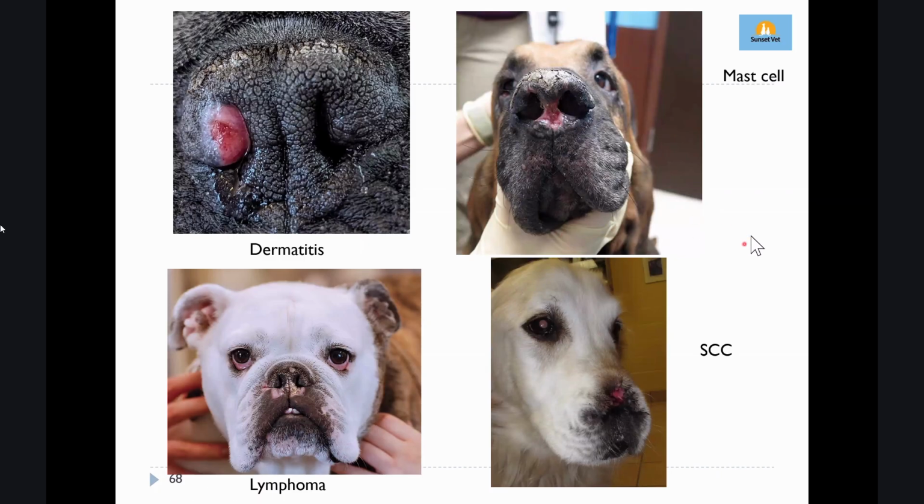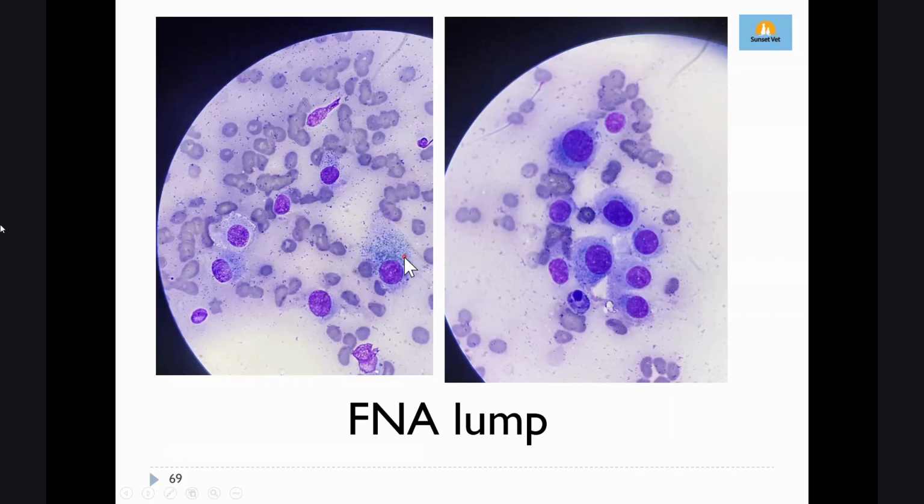So what do you think? It could be dermatitis, it could be mast cell, it could be SCC, squamous cell carcinoma, it could be lymphoma. So we did FNA and we noticed this one. What do you think? Is it more cancer or inflammation?